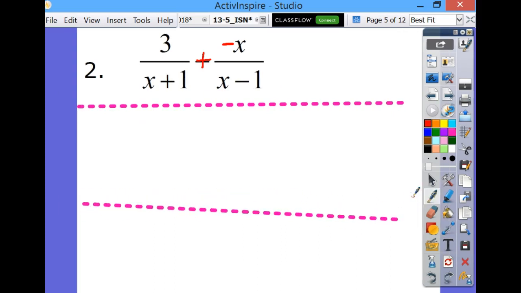That's just to divide my problem into several steps. My common denominator is x plus 1, x minus 1. Just helps it show up a little bit better if you use your red pen. What am I going to multiply this by? So it's going to equal that denominator.